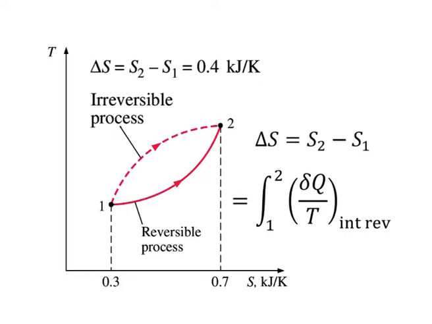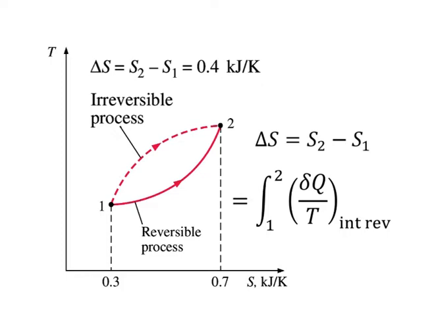Note that entropy is a property, and like all other properties, it has fixed values at fixed states. Therefore, the entropy change delta S between two specified states is the same no matter what path, reversible or irreversible, is followed during a process.